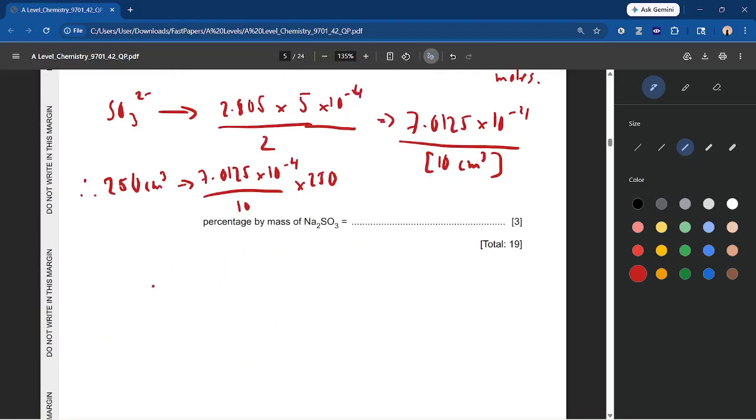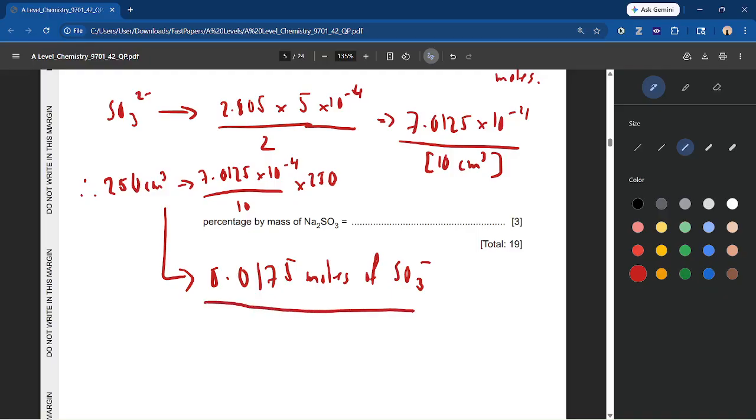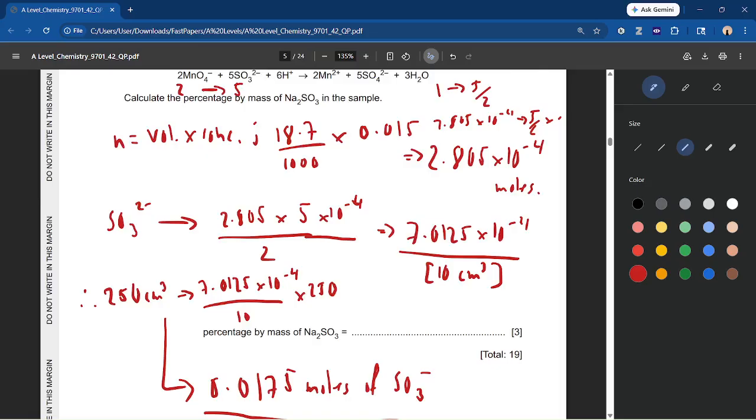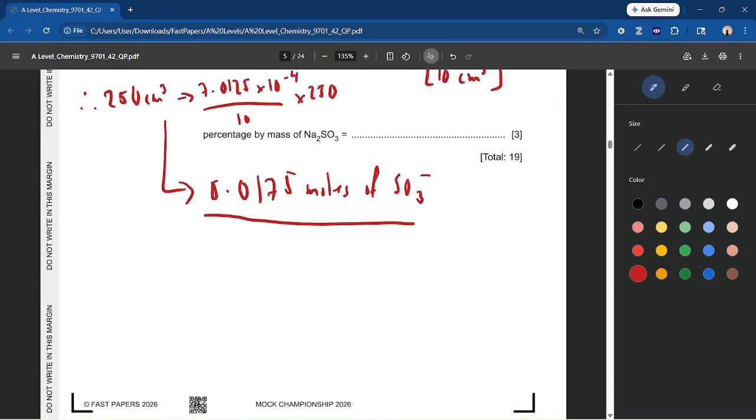And that comes out to 0.0175 moles of sulfite. So we're not done yet. This was the moles that reacted with the manganate, right? So now we need to figure out how many moles of this was in the solid.